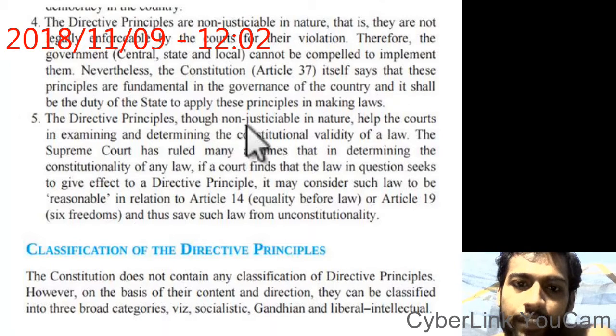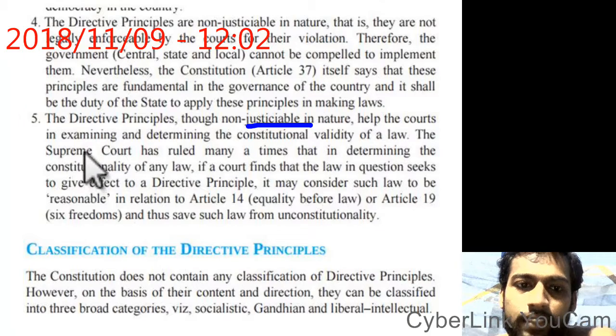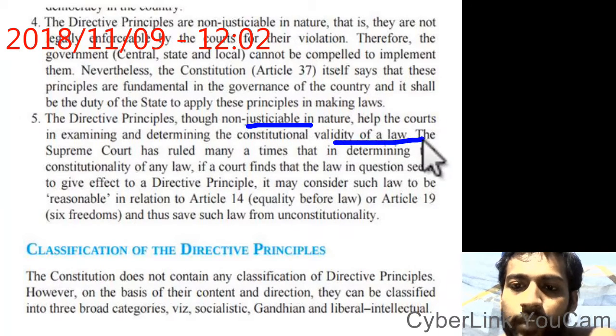Directive principles, though non-justiciable in nature, help courts in examining and determining the constitutional validity of a law.